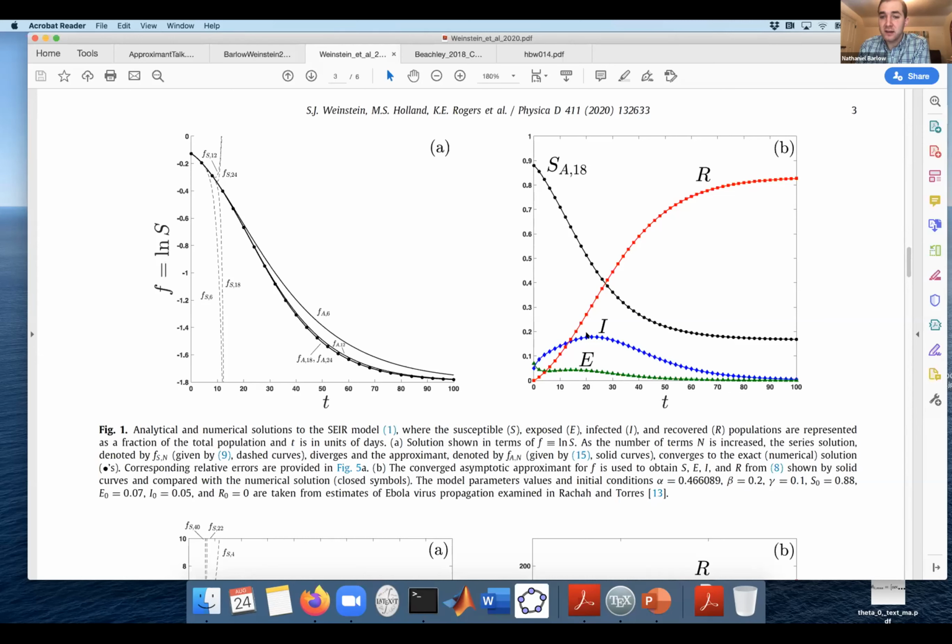The infected, the most people are infected, so the bump that they wanted to get over was here at, is this in days? Yep, 20 something days, and the exposed is this green curve. And the I curve, that's the curve that you hear on television or in the news. That's the curve that they're always trying to flatten, et cetera.